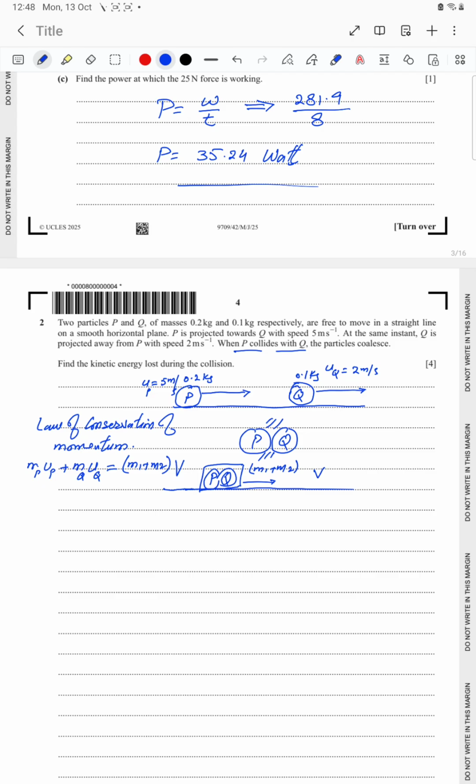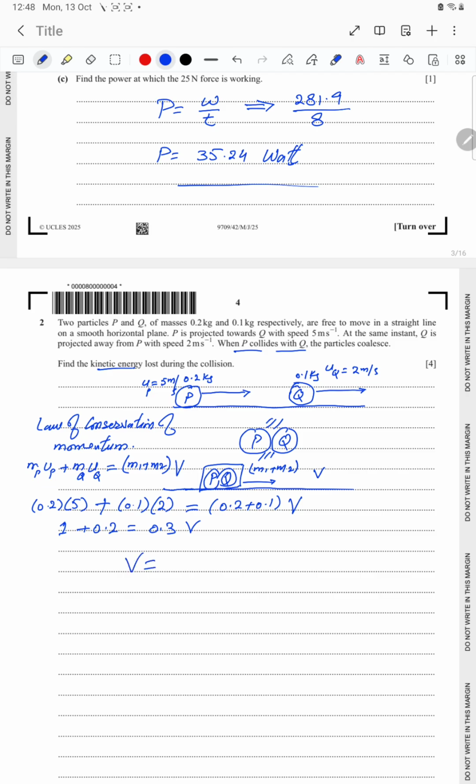We have to find v first, because the loss in kinetic energy involves half m v squared. Here m is 0.2 moving with 5 meters per second, and the other is 0.1 going with 2 meters per second. So 1 plus 0.2 is 0.3 v.